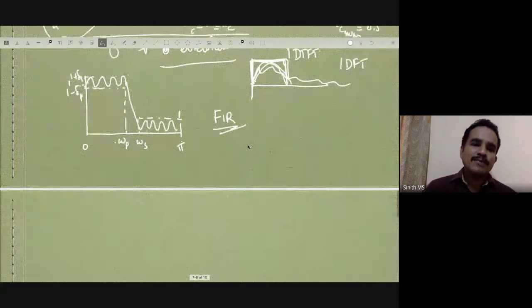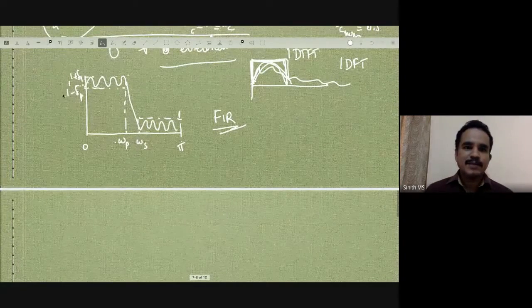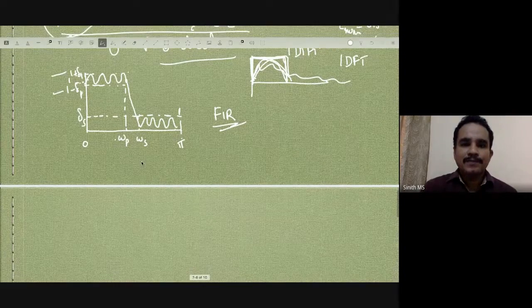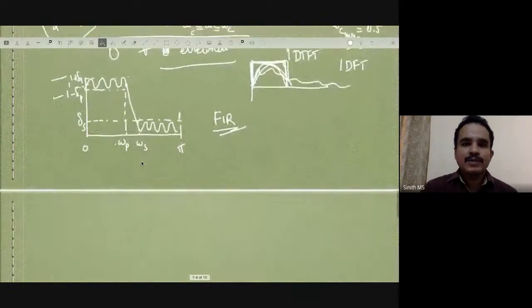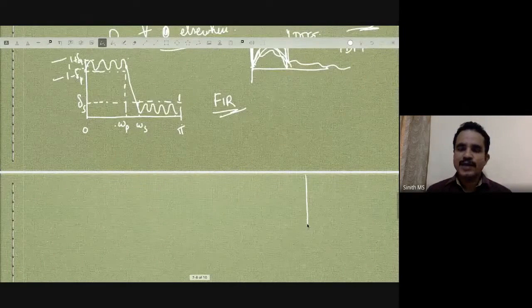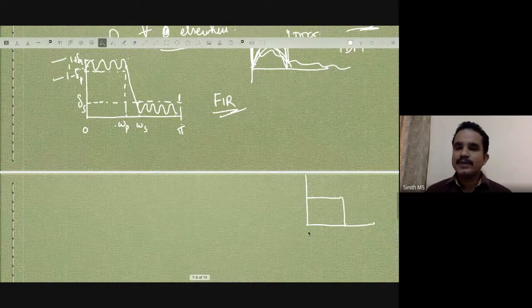Now, you can see that 1 plus delta p and 1 minus delta p are the ripple values. And here you have delta s, the ripple in the stop band. So how will you proceed with the FIR filter design? First of all, if you want to design an FIR filter, you need to know what omega c is.